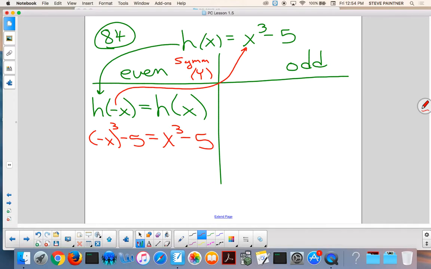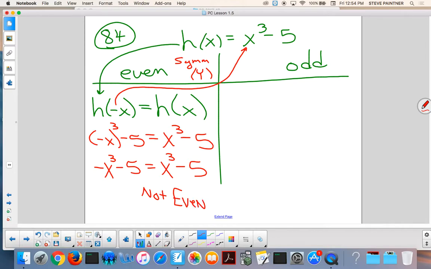What's negative x times negative x times negative x? Negative x cubed minus 5 equals x cubed minus 5. Is that a yes or a no? Even? No. Not even. Okay, it's not even.